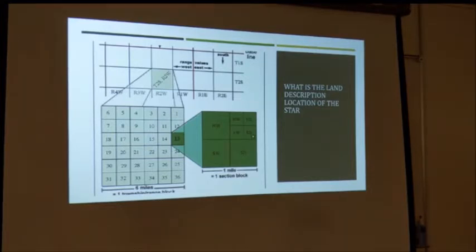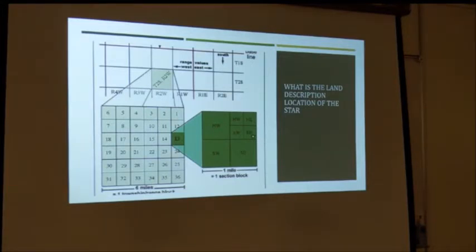So if we break out section 13 like they have in the diagram, you can further break it down to your northwest, northeast, southwest, southeast, and then again in the northeast corner we did the same thing. So I asked the students, what is the land description location of the star? And when we do this, we start with the smallest unit and go backwards.